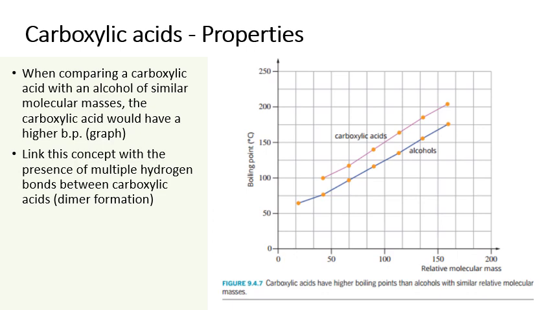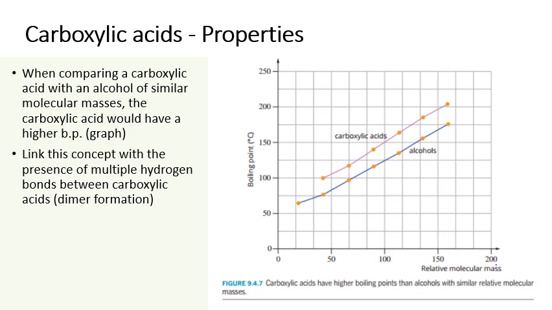Okay, so let's keep in mind the dimer formation that we talked about before, how two molecules of carboxylic acids can come together and form this dimeric structure via two hydrogen bonds. And this gives carboxylic acids a higher boiling point than alcohols that can only form one hydrogen bond.